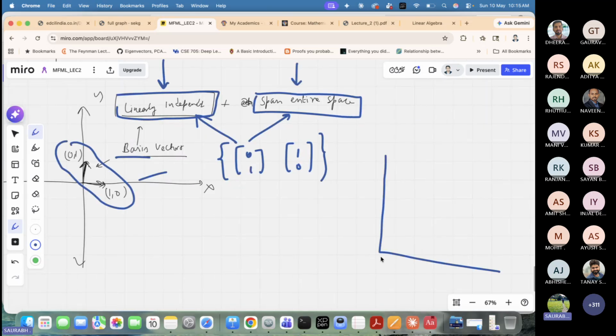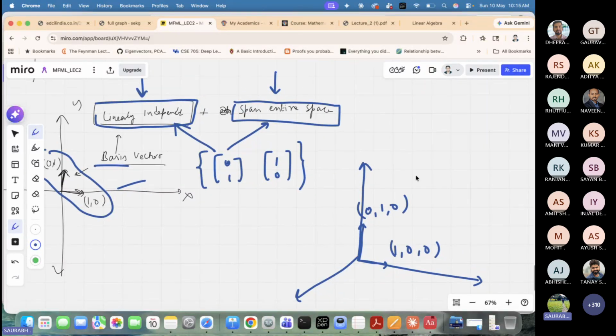Let's say we have the first vector 1 0 0, and the second vector 0 1 0. Are these two vectors independent or not?